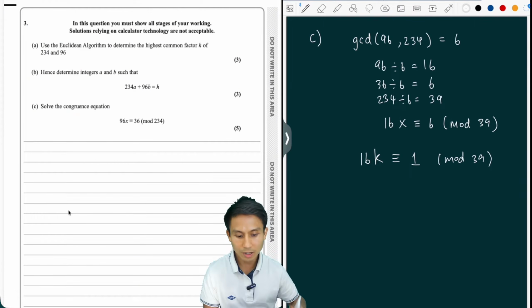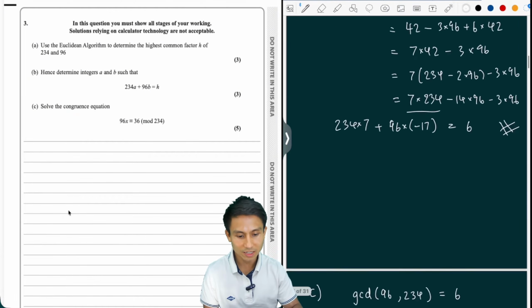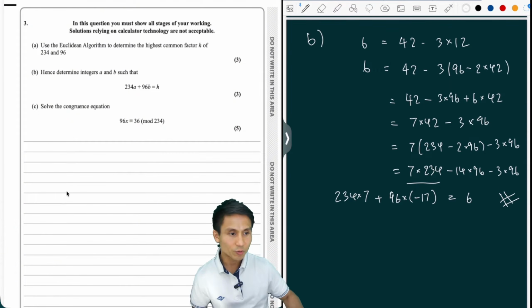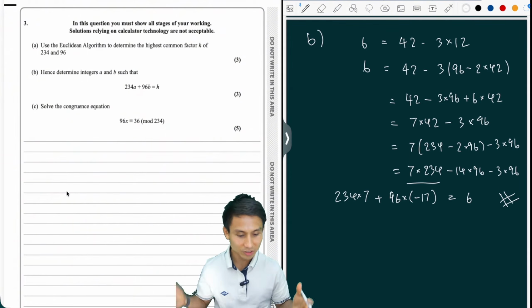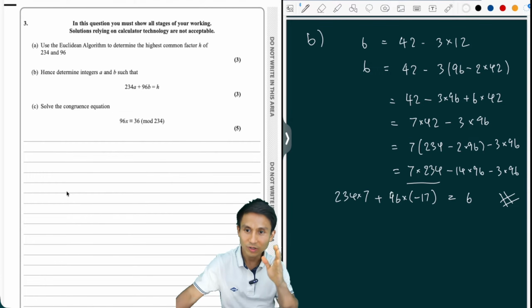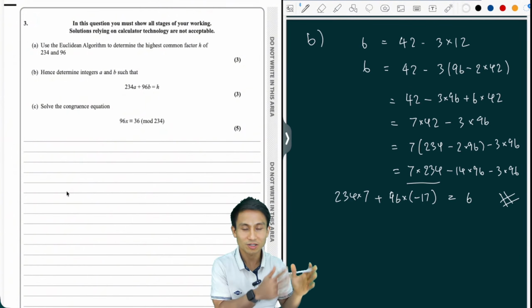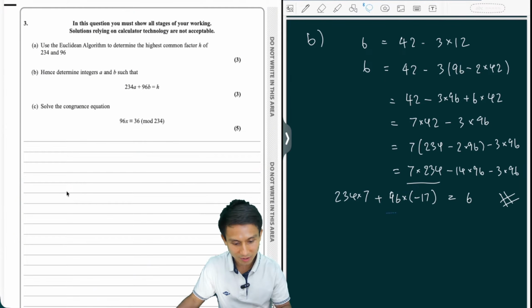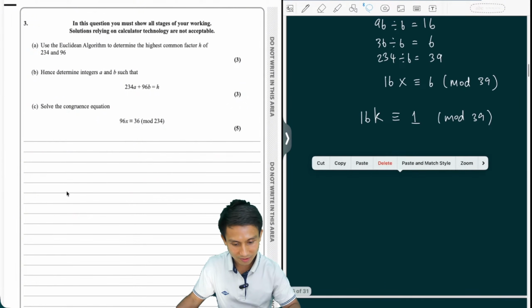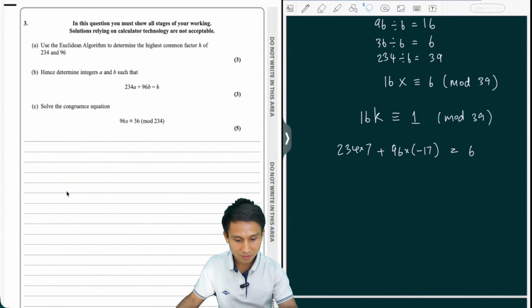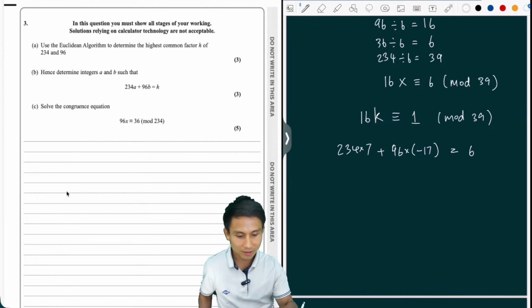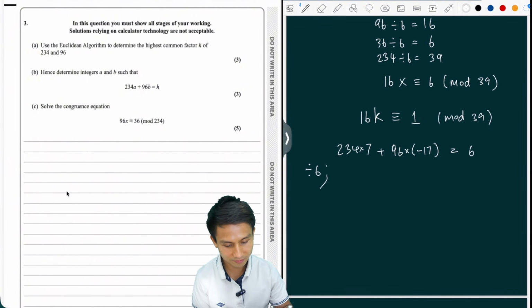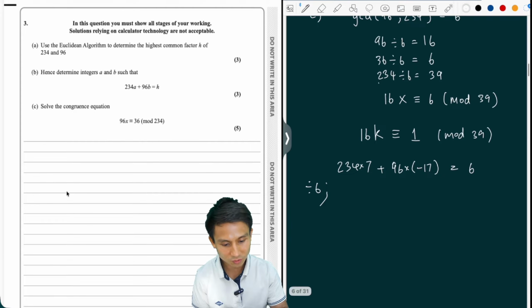All right. Now we could look back at part D. We need to get 39 and 16 in the picture here, because we need to find the inverse of 16 modulo 39. So I'm going to take this one and do something about it. If you divide across by 6, because we already know that 234 divided by 6 gives 39, there we go.